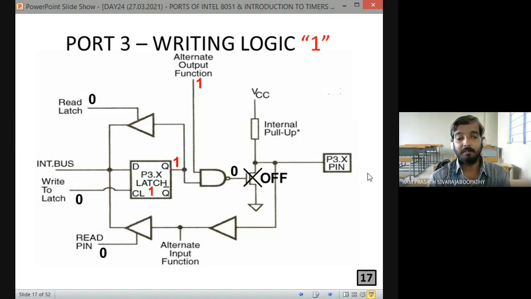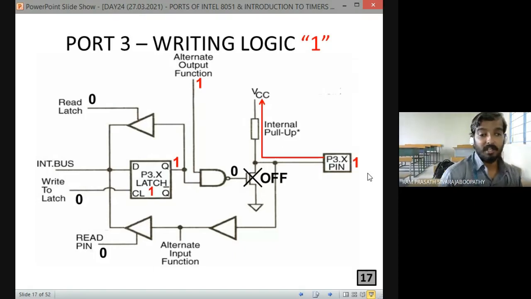So what about the logic at P3.x? 1. Generally, one thing you must understand well. When we speak about the input operation, in the next slide we have to consider a most important thing. Now we have written logic 1, and it is available at the pin also.